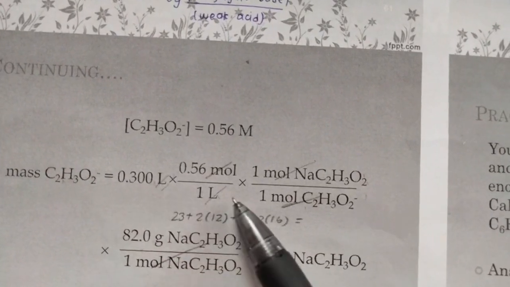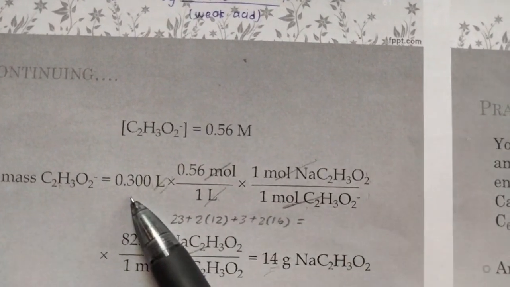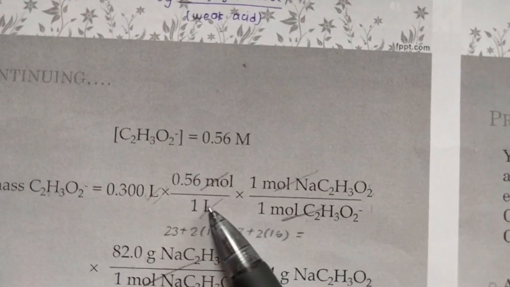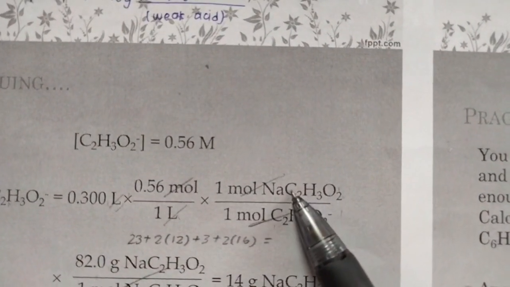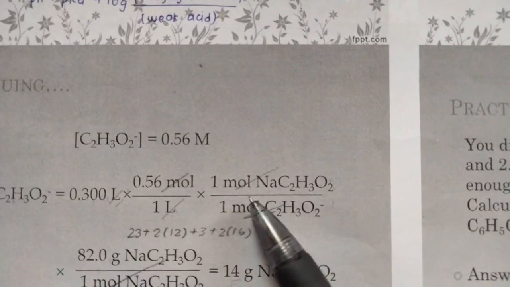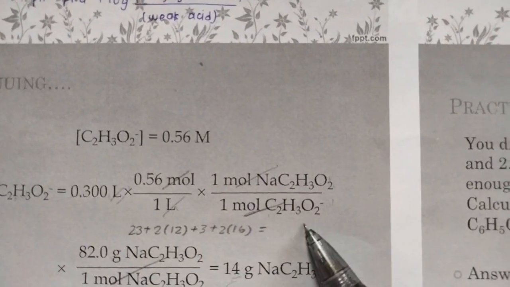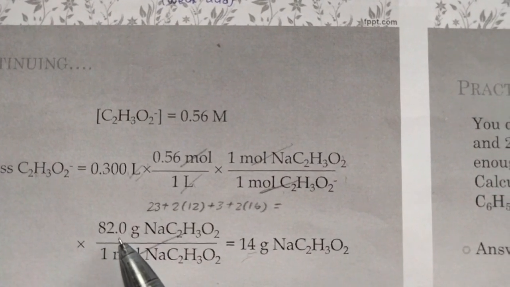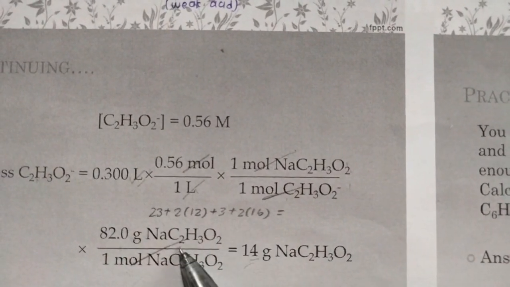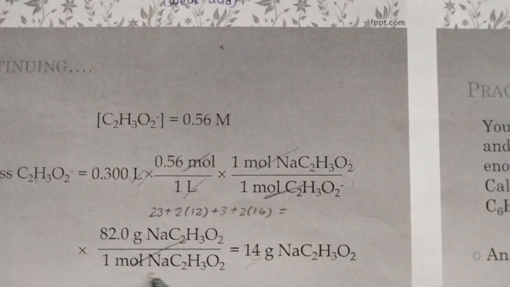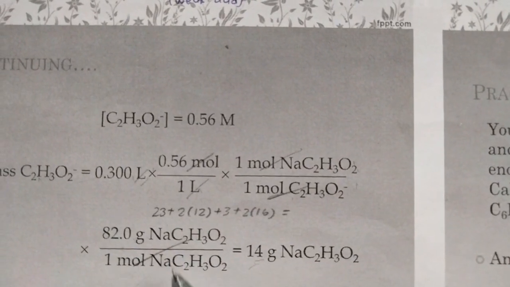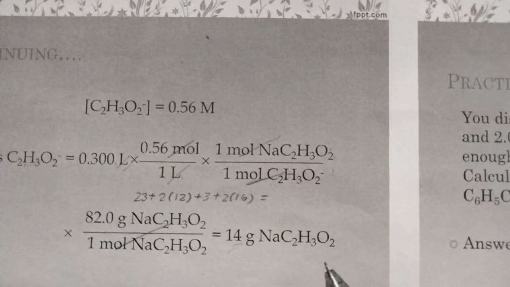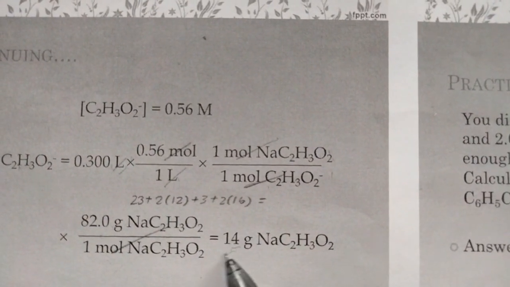We can cancel this. This is the molarity, which we know is mole over liter. We need to find the sodium acetate. So 1 mole sodium acetate, 1 mole acetate ion, times 82, where 82 is the molar mass of sodium acetate. We cancel the moles, and finally we get the mass of sodium acetate, which is 14 gram.